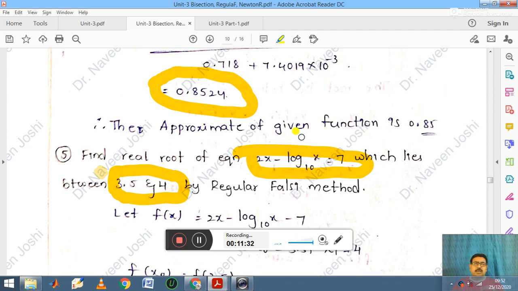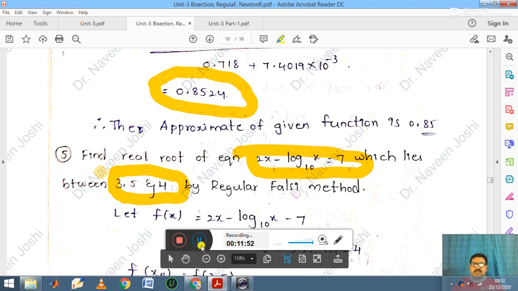Whenever the expression consists of logarithmic terms, in the calculator you use the log symbol. Log base 10 comes under common log. Usually there are two types of log, common log and natural log. If the base is 10, it comes under common log. If the base is e, use natural log.